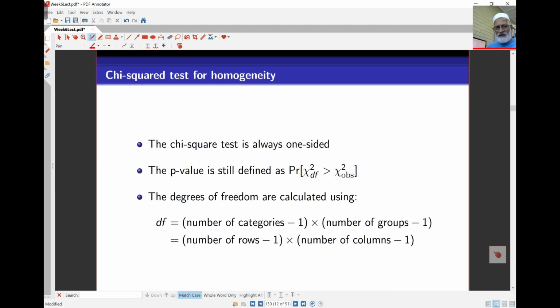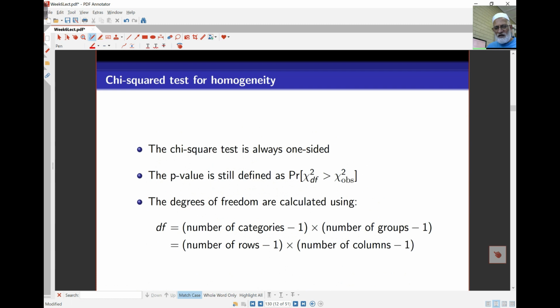The chi-squared test, well, we don't think of this as one-sided or two-sided because it's a square, so everything becomes one-sided anyway in one sense. But because squaring turns everything across, the p-value here is going to be always in the tail, as we will see, and why it works that way.